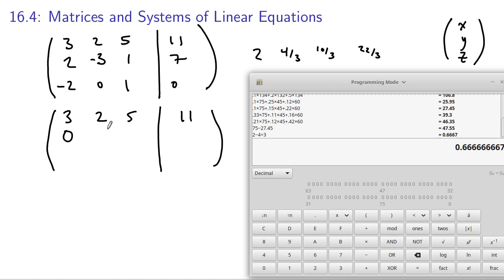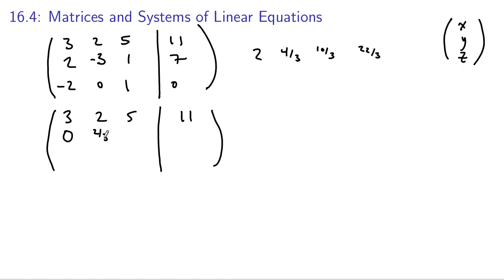If we want to keep the numbers exact, we should really subtract 6 from 4 is 2. And that would give us 2/3 left over. And then we have 5 minus 10/3, which is 15 minus 10 for 5/3. And 11 minus 22/3 would be 11 times 3 is 33. So 33/3 is 11. 33 minus 22 leaves us with 11/3.